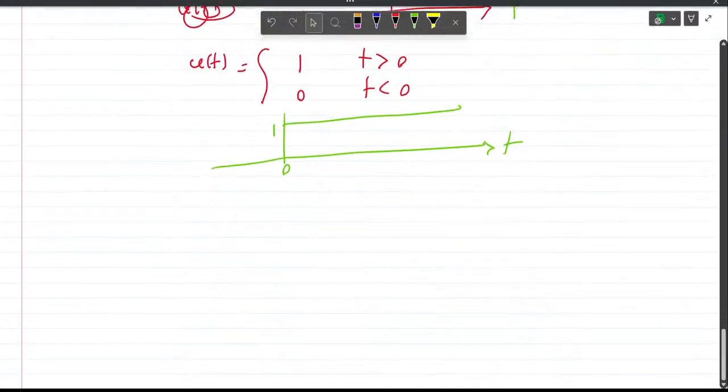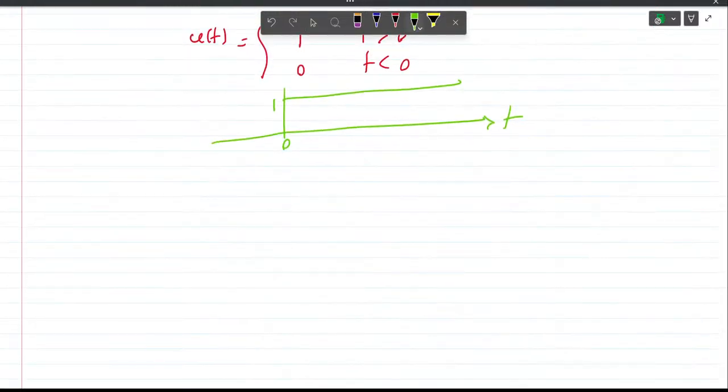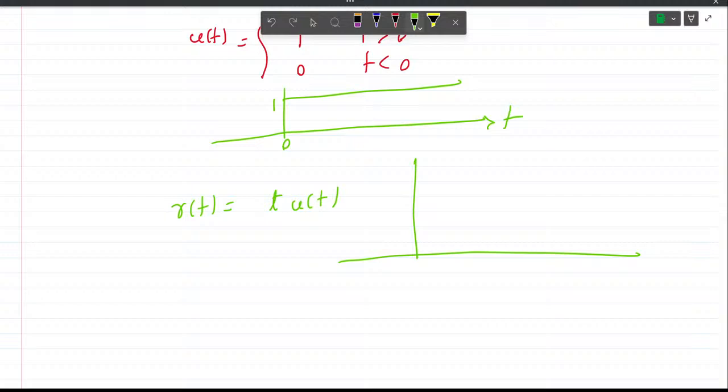Now another term is the ramp, r of t. r of t is t times u of t, and how to represent this is simply a ramp.